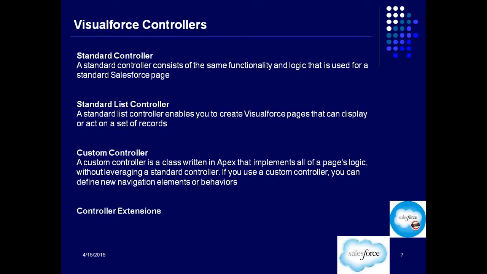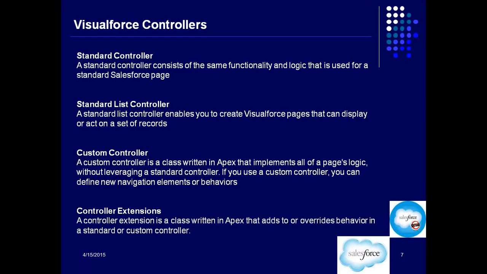And then the fourth type of controller is the controller extension. A controller extension is a class written in Apex that adds to or overrides behavior in a standard or custom controller. To understand this fourth type, you just have to understand the meaning of the word extension.